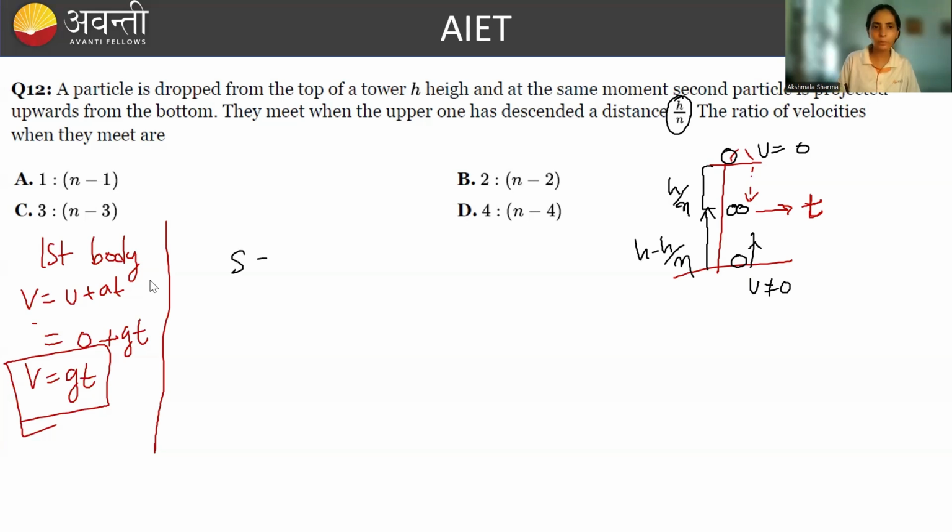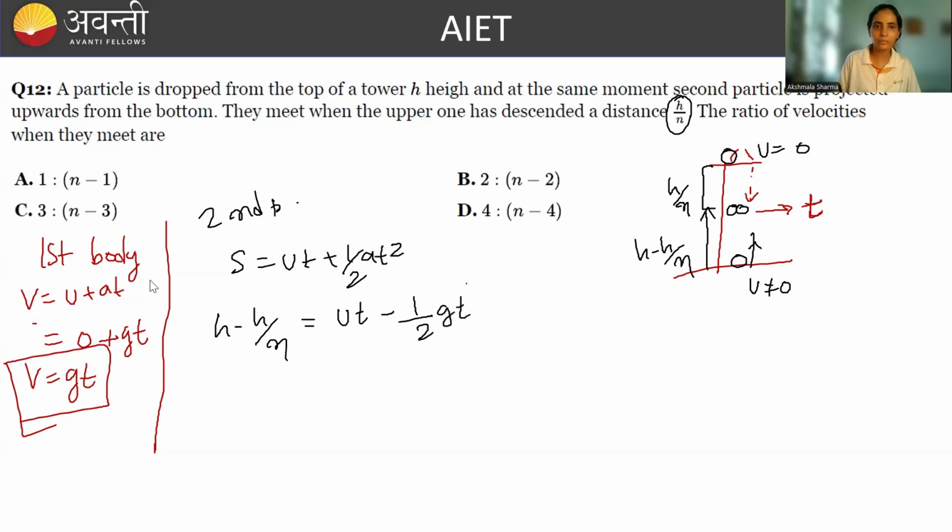So S equals ut plus half at square equation. Let's apply it for the second particle. The S value for the second particle is h minus h by n, and this is equal to ut minus half g t square. Now, can we calculate this value of t?